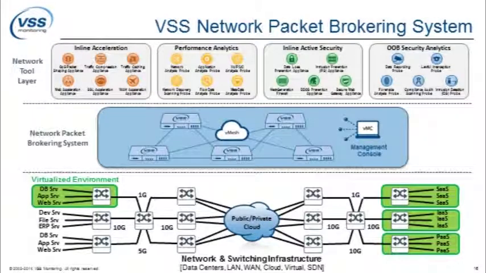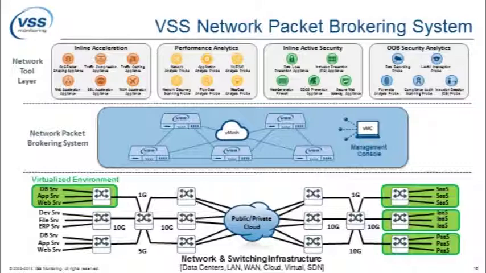So as I said, this layer is designed as a system. We can create a full mesh architecture where these boxes can interconnect. They can self-discover and create a self-healing mesh, which means if one of the boxes actually goes down, there's another route for this traffic. This is a layer 2. We take any packet from any of the switching fabrics and deliver it to any of these tools.